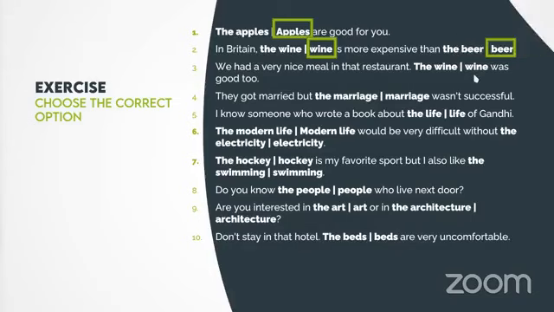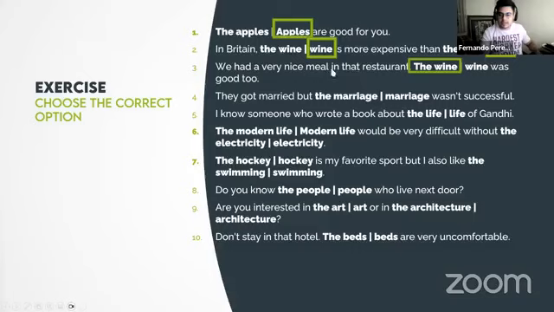Because it's wine in general? Well, this isn't actually specific. Take a decision, specific or general. General. Incorrect.